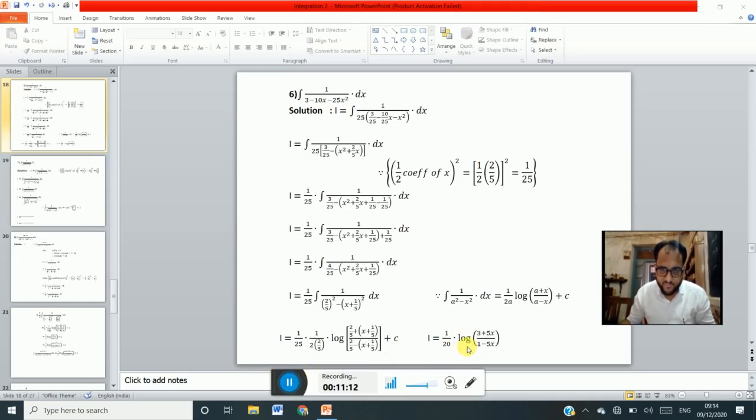So 1 by 20 log of, see here what we get: 5x plus 1 plus 3 plus 2 means 3 plus 5x upon 5, and 2 minus 1 minus 5x, that is 1 minus 5x upon 5. The 5 cancels, remaining is 3 plus 5x upon 1 minus 5x. Right, this is the answer finally. Okay.